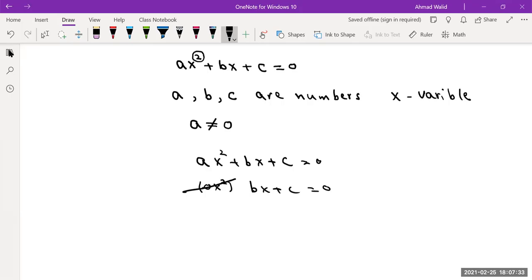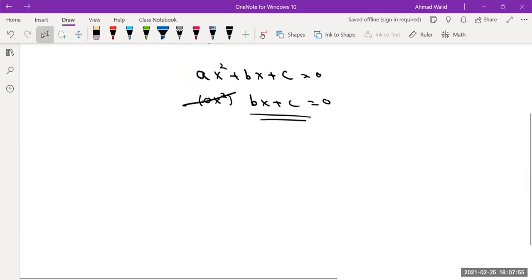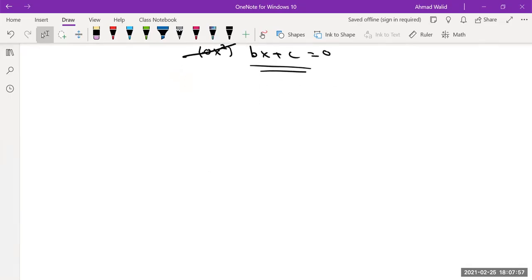And bx plus c equals 0 is not quadratic anymore, it's linear, right? That's why A cannot be 0. B can be 0. C can be 0, but the only number that cannot be 0 in these equations is A. That's general information about quadratic equations.